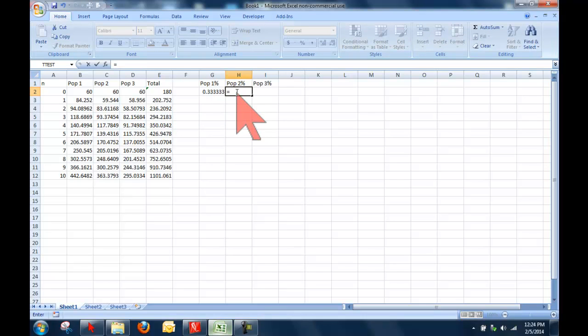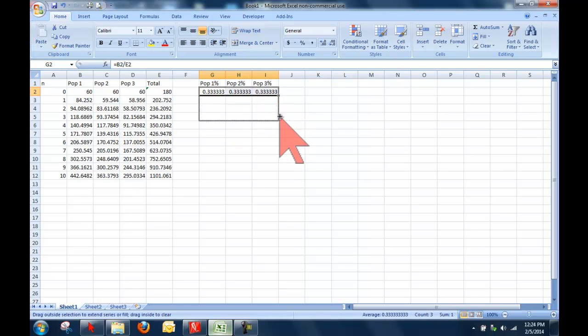So second is here divided by here, and third is here divided by here. And now I think I can highlight these and drag down.